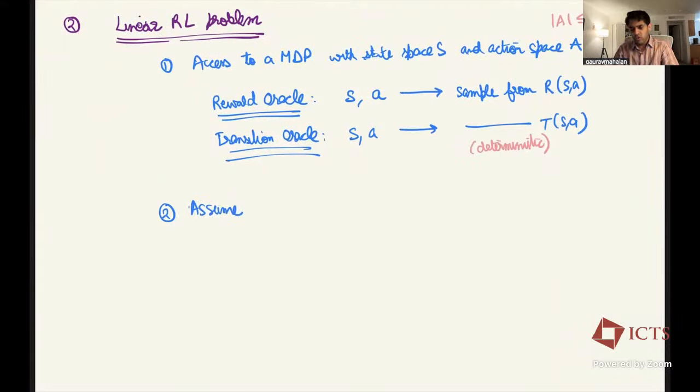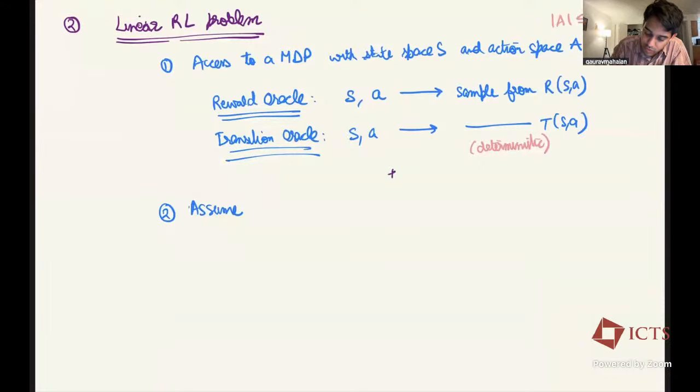Also, if you assume that rewards are also deterministic, then you basically have a linear time algorithm for solving this problem. So really, this one change moves it from being polynomial time solvable to having exponential time hardness.